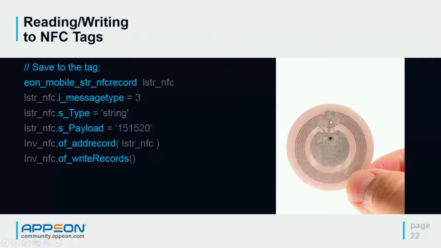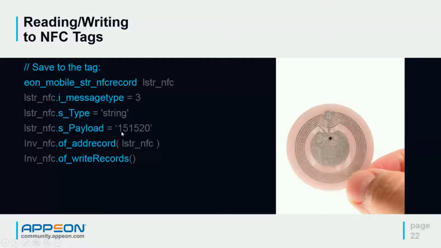And okay, this is the circuit basically inside the tag. So the Android device is going to be sending the information to this circuit right here. You need to provide the information in a structure in which you send the field message type. It's three. That's basically for a string.